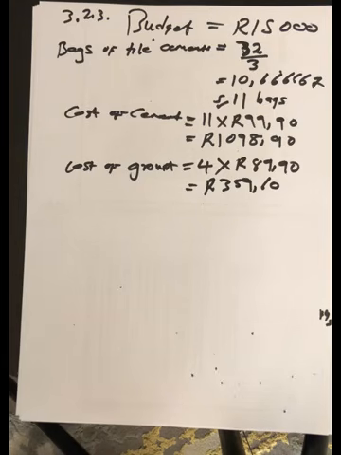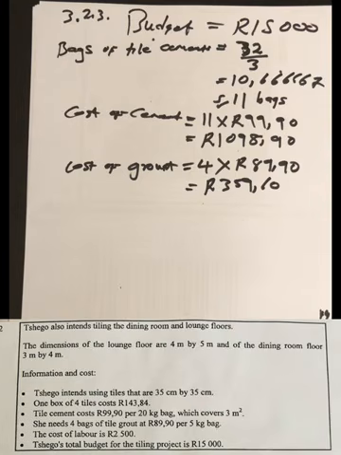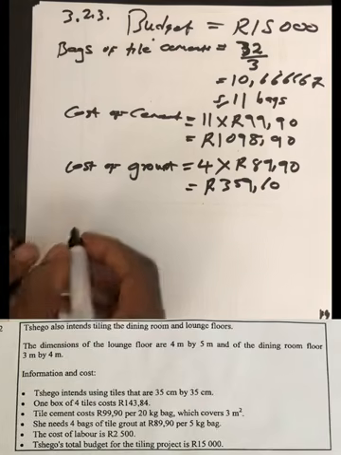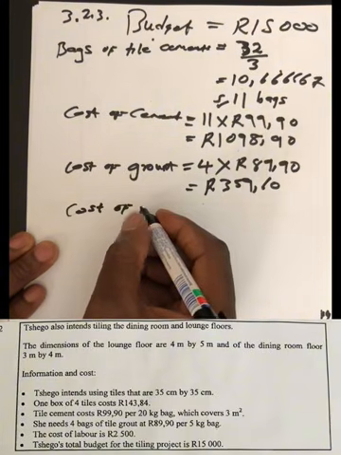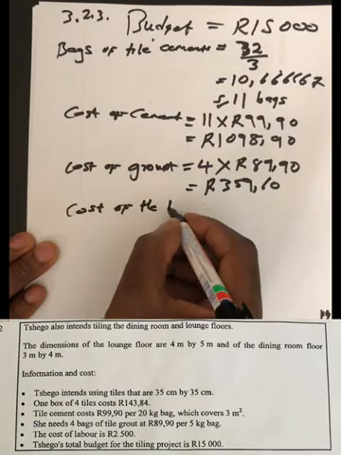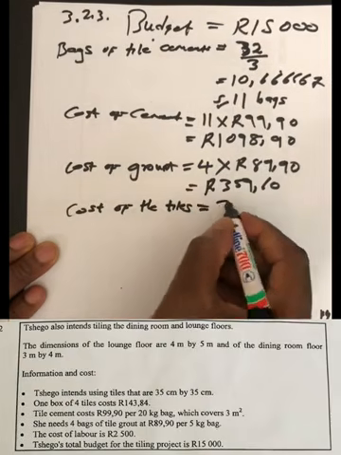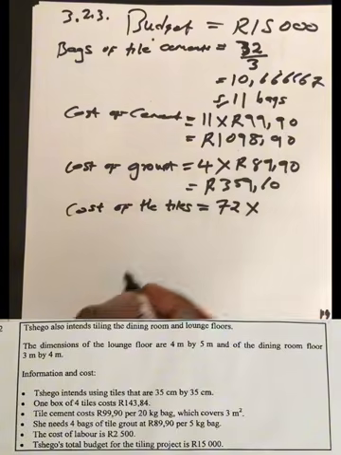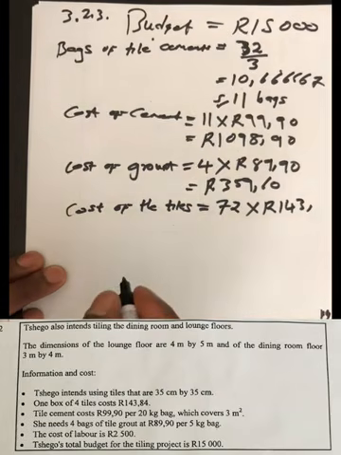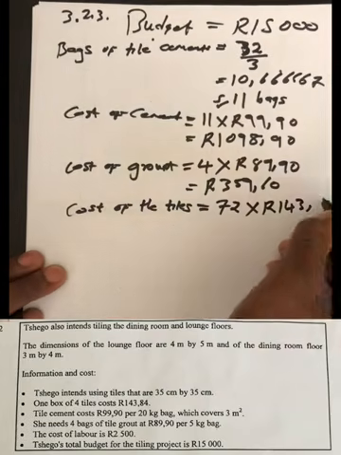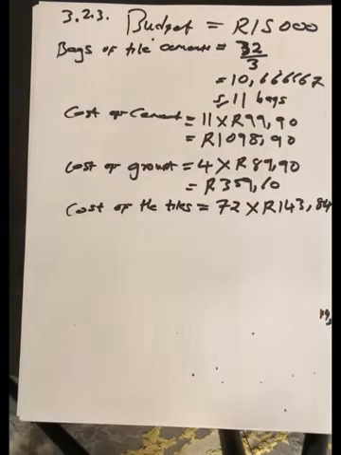Let's check another thing that she's going to spend on, which is the tiles. Obviously, we did not calculate the tiles yet, and we know that she's gonna buy 72 boxes, and one box costs 143 rand and 84 cents. So the cost of the tiles is going to be 72 boxes, whereby one box is equal to 143.84.